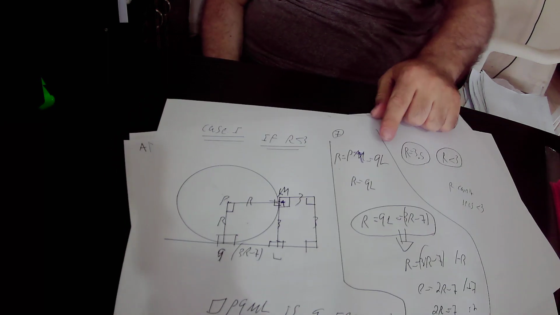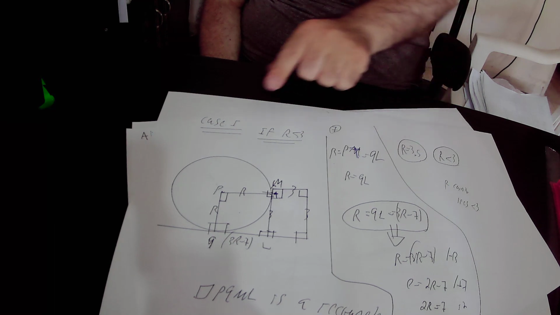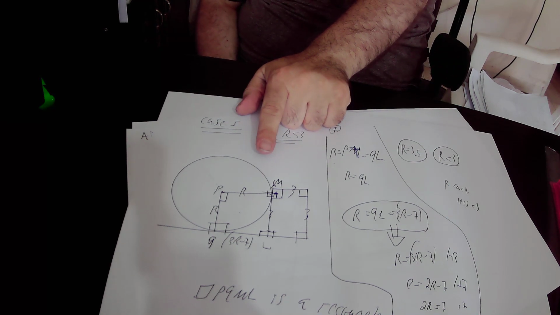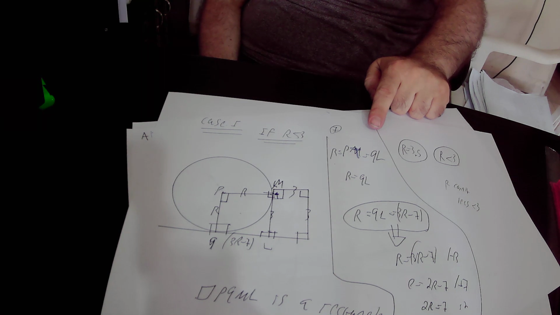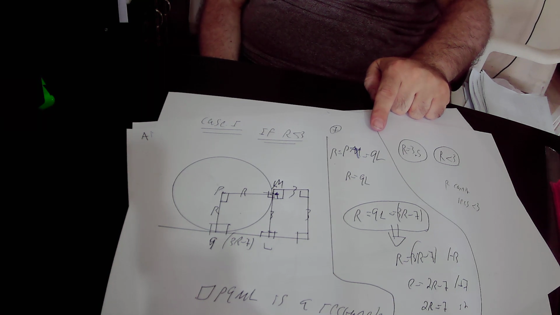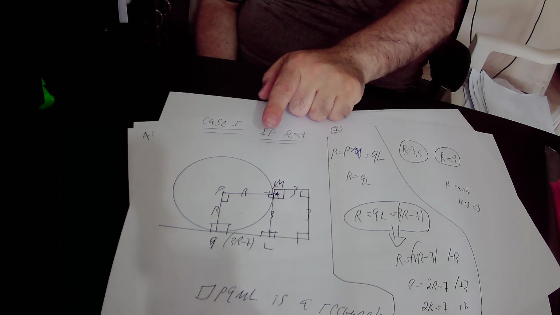Okay, PT equals QL, but PT equals R. It is the radius of the big circle. Okay, and so from this equation, R equals PT equals QL, we derive that QL also equals R.